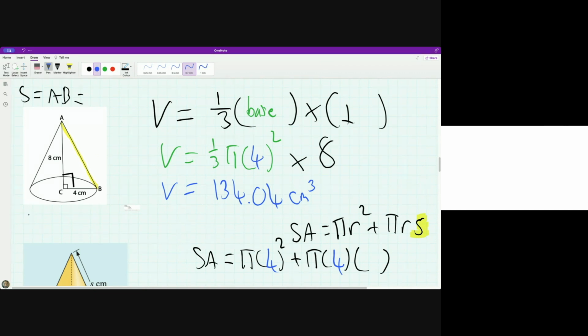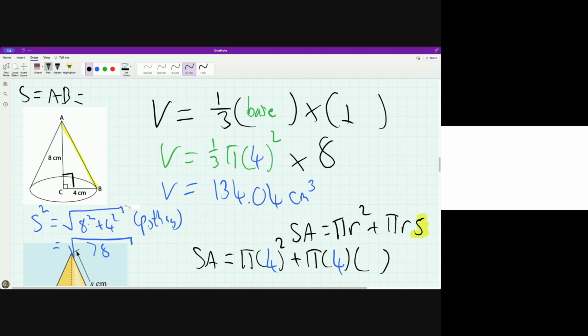Oh, it's the hypotenuse, so that's not so bad. So I would say s is the square root of 8 squared plus 4 squared by Pythag. And you know what? I'm not even going to put it in decimal. I'm just going to say that's 64, that's 16, that's square root 78.